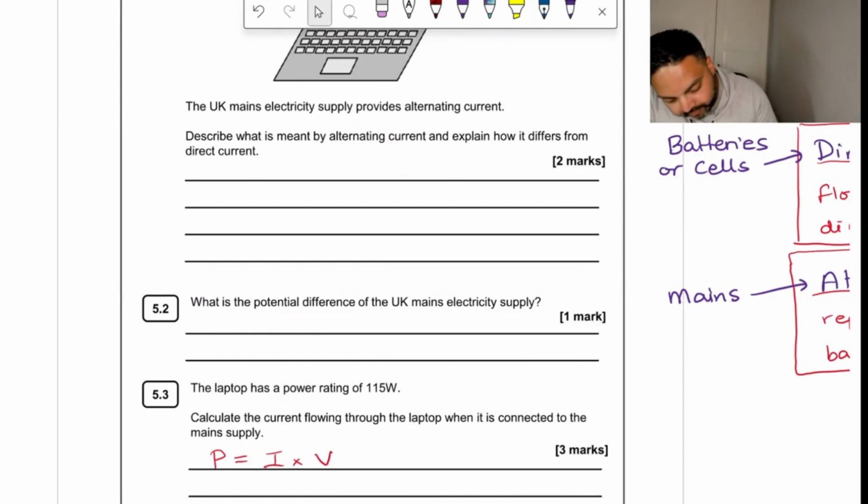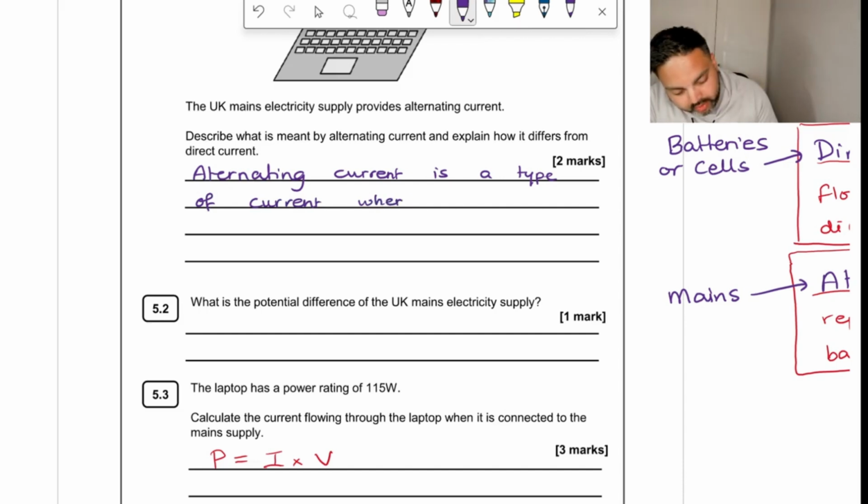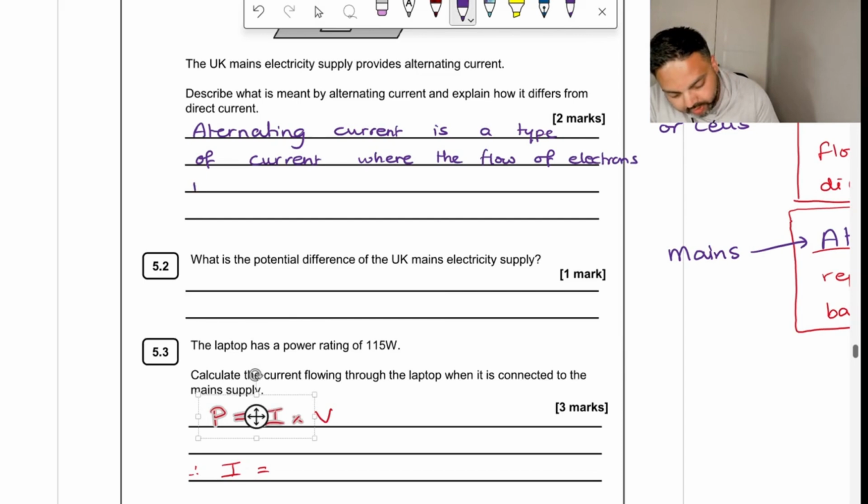Alternating current is a type of current where the flow of electrons reverses direction periodically.